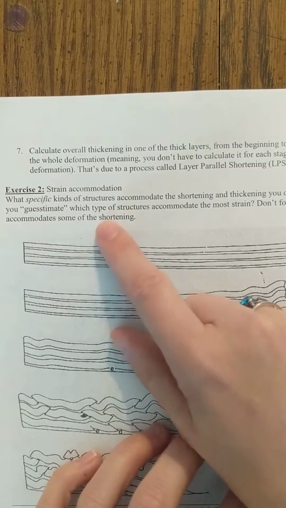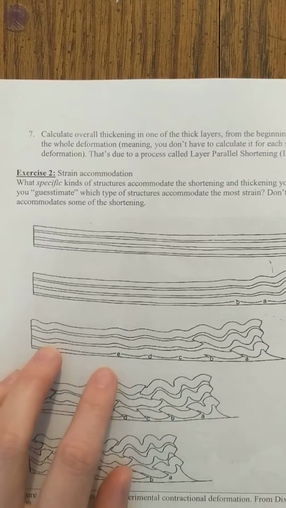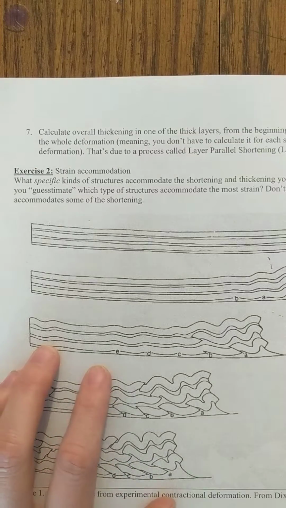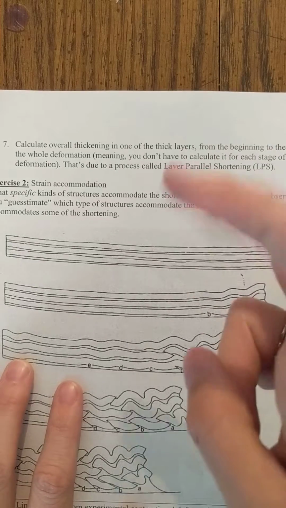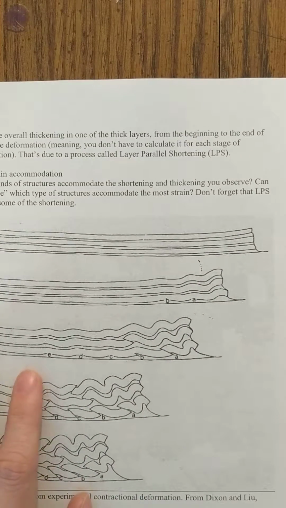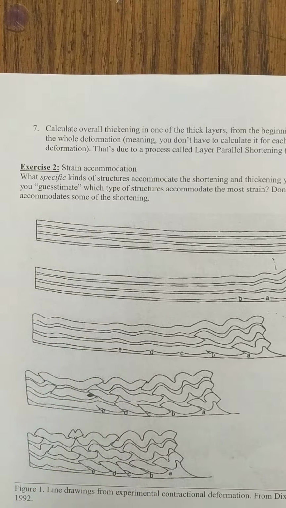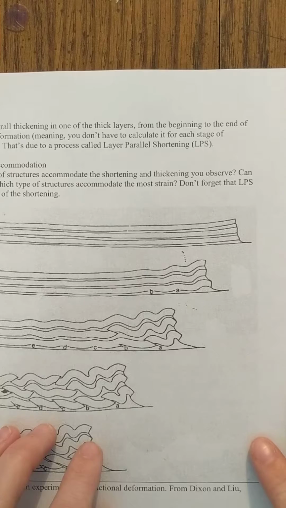All right, and then exercise 2, we're going to be talking about strain accommodation. So what specific kinds of structures accommodate the shortening and thickening you observe? Can you guesstimate which type of structures accommodate the most strain? And don't forget that layer parallel shortening accommodates some of the shortening.